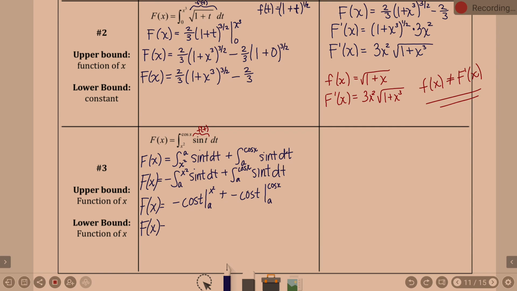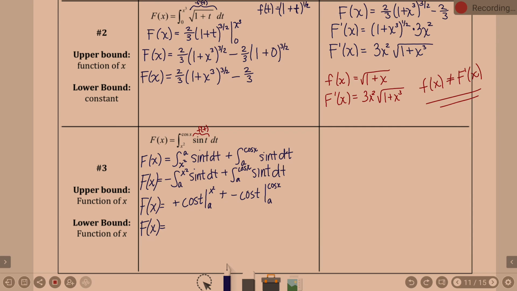Evaluate your integral pieces here. Wait a minute. Why did I put a negative in here? We even talked about it being positive, didn't we? Yes. So why did I put a negative in there?